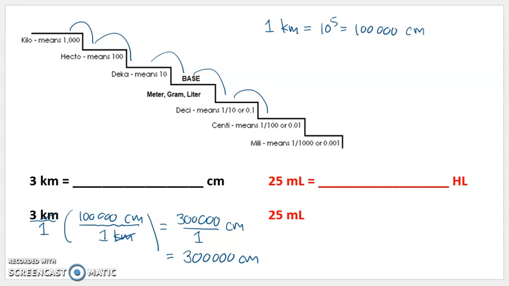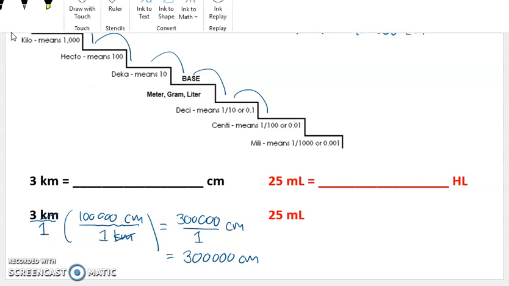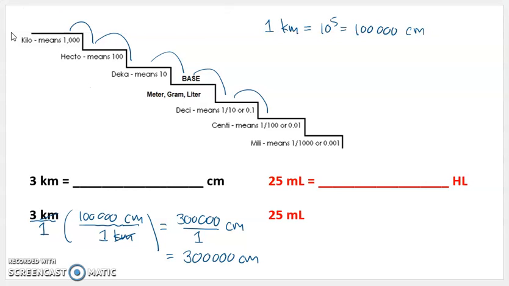So that's 300,000 centimeters. From milliliters to hectoliters for our second problem, let me convert to a red pen. Let's figure out again how many milliliters are in a hectoliter. 1 hectoliter is 1, 2, 3, 4, 5 steps. I always use the large to small conversion.